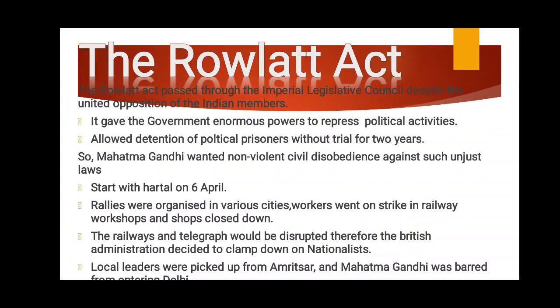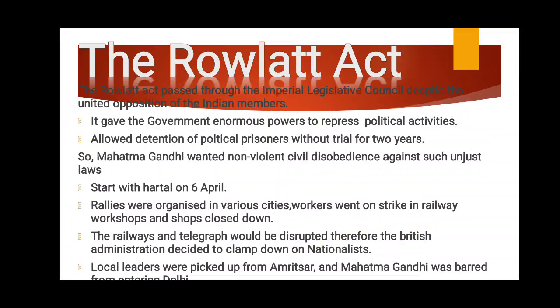This act gave the government enormous power to repress political activities. It allowed detention of political prisoners without trial for 2 years. So Mahatma Gandhi wanted non-violent civil disobedience against such unjust laws, that is, against the Rowlatt Act.